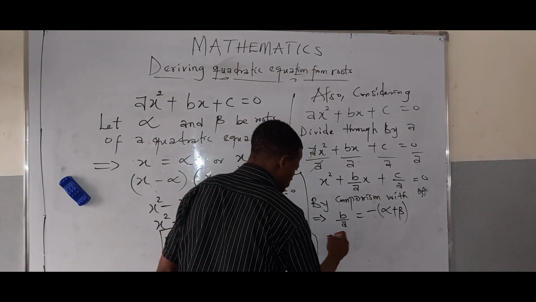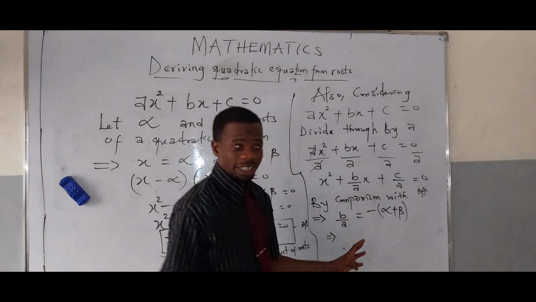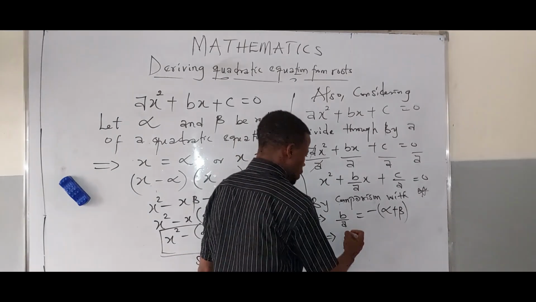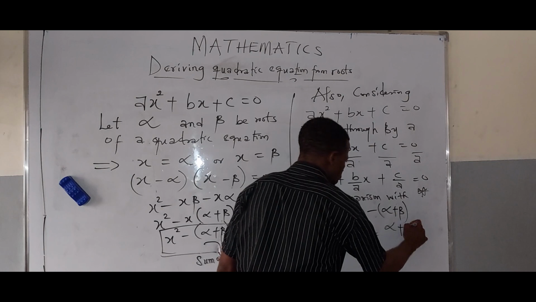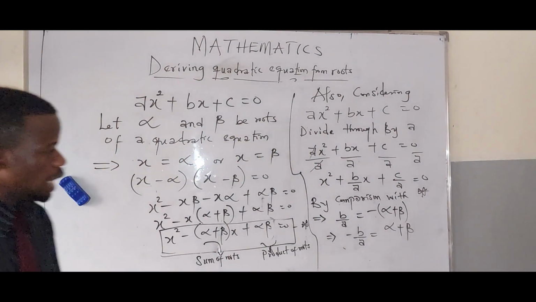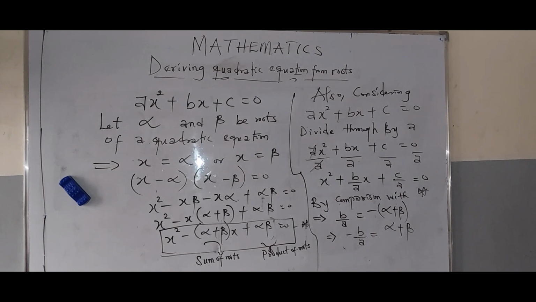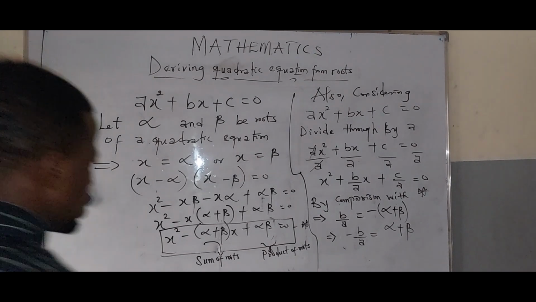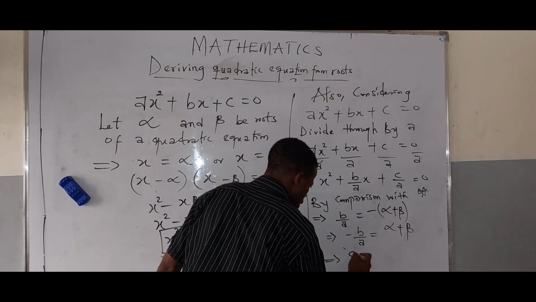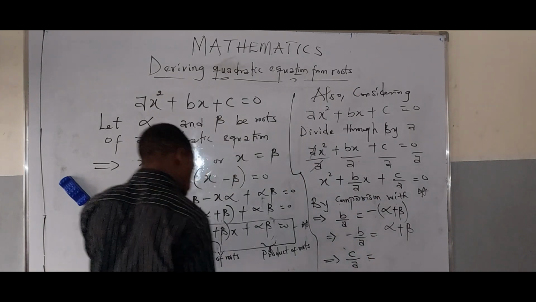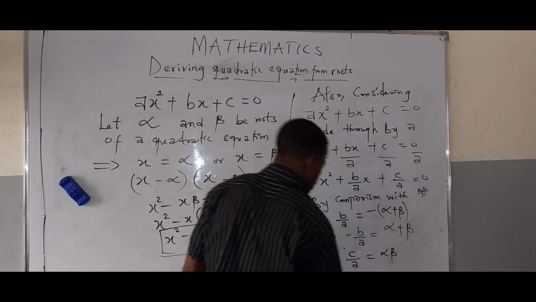And that also implies that this negative sign can come here. So we have minus b over a to be equal to alpha plus beta, right? Then our product, by comparing with alpha beta, it equally implies that c over a is equal to our product, and that is alpha beta.